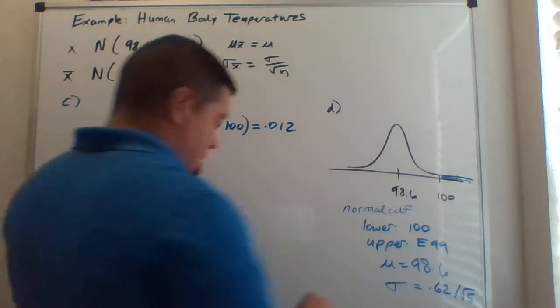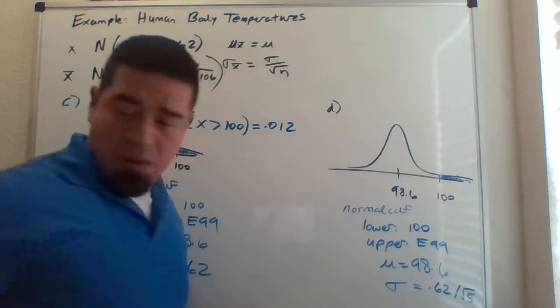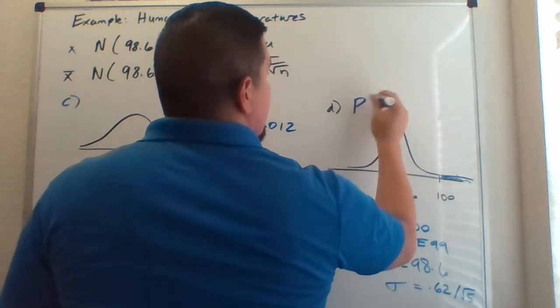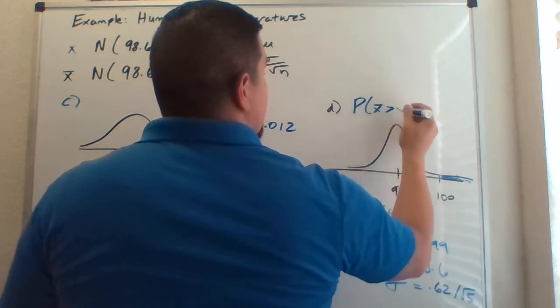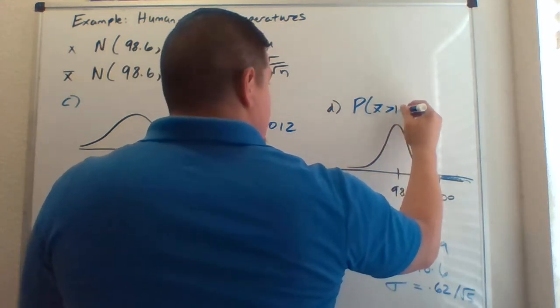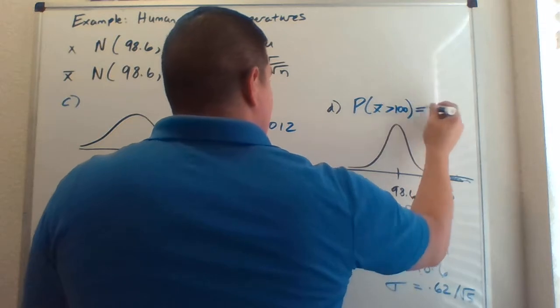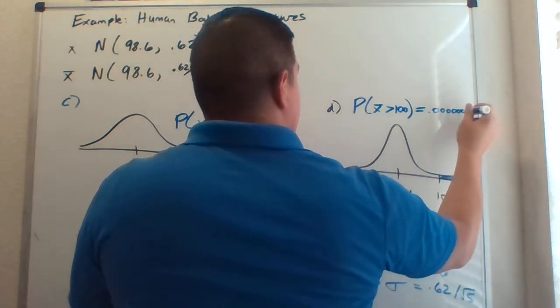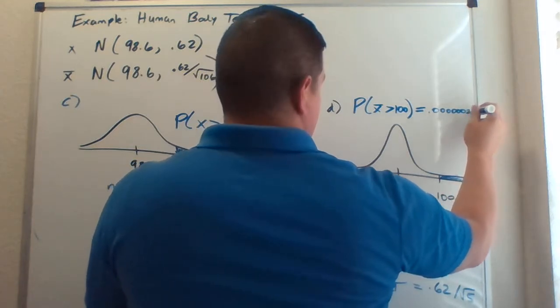Okay, so what I got was the probability that a sample of 5 is greater than 100 degrees Fahrenheit is 0.000000222.